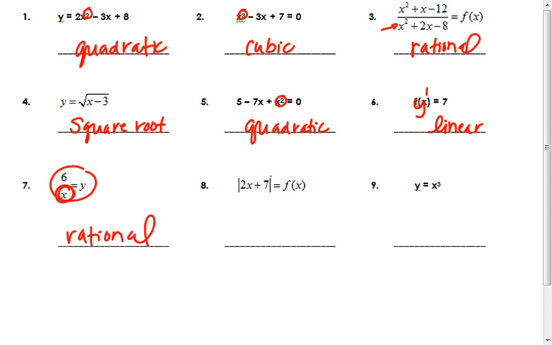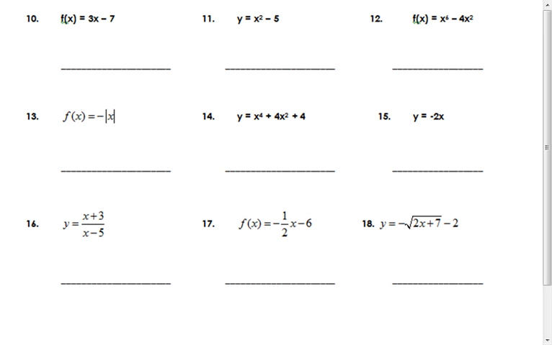And then, of course, number 8 has the absolute value symbol. So it's absolute value. And number 9 has the highest degree of 3. So it is a cubic. Okay? So hopefully that helps you. I want you to hit pause and then see if you can fill in the blank on all of these. And I will give you the answers so you can turn it right back on and away we will go.